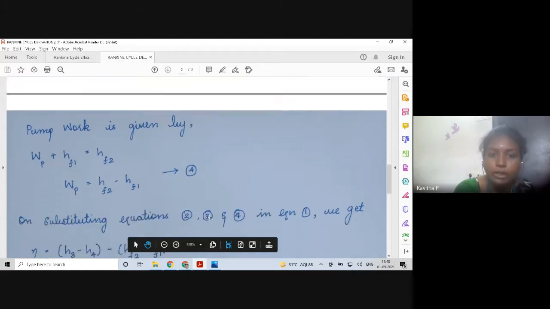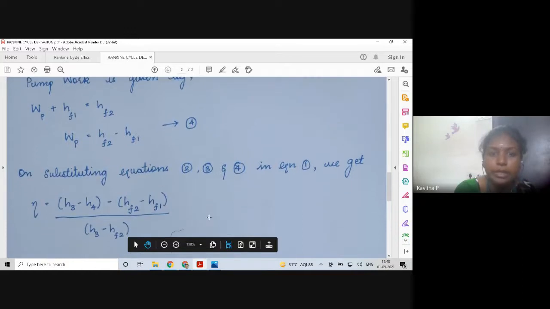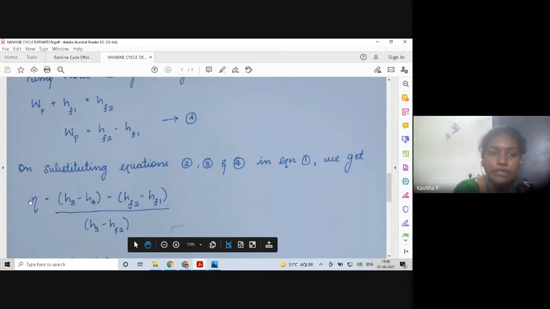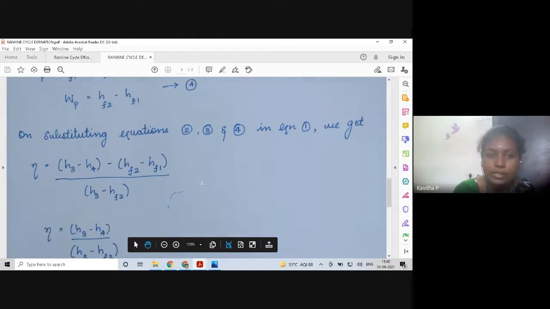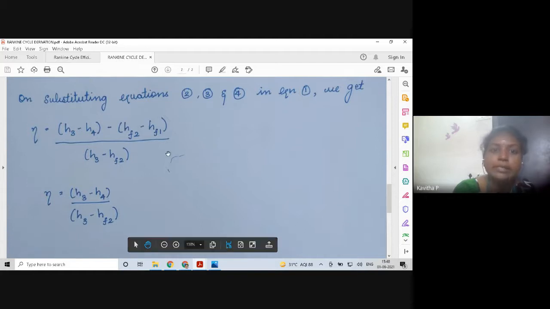On substituting the above equations 2, 3 and 4 in equation 1, we get efficiency equal to the work done by the turbine minus the work done by the pump divided by the heat supplied. These are all the values which we have derived from the above equations. Since we know that the work done by the pump is a very negligible value, it can be omitted.